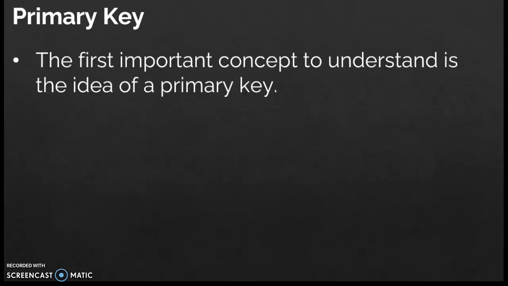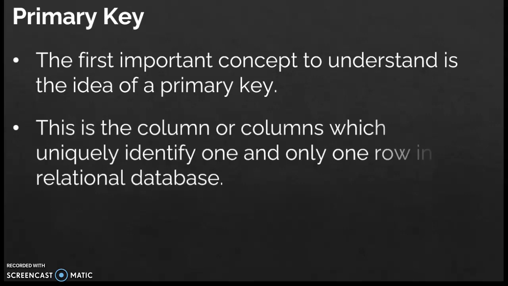And how do we do this? We use something known as primary keys and foreign keys. But the first important concept to understand is the idea of a primary key. A primary key is the column or columns, because you can have more than one, but it's the column really which uniquely identifies one and only one row in a relational database.